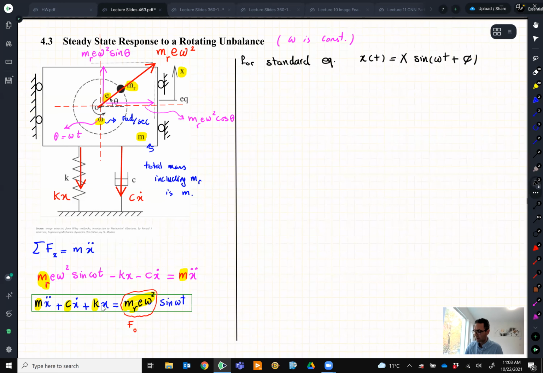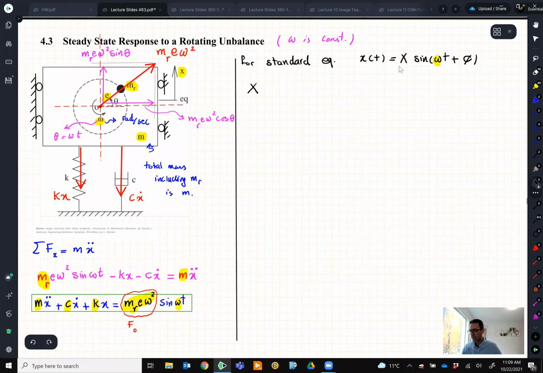We know what phi is. This omega is the forcing frequency, and in this scenario, our forcing frequency is in fact the rotating speed. All right. So X also has a formula.